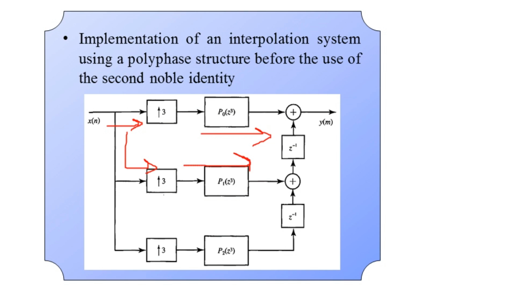Then P1 of z cube goes to the summation, and through a delay z inverse it contributes to the output y of m here. And this is the last stage: interpolation by factor 3 going through the function P2 of z cube here, and then further through the delay, then further summation and further delay, contributing to the output discrete time sequence y of m here. So this is the polyphase structure before the use of the second noble identity.